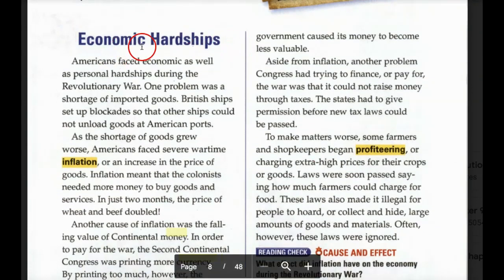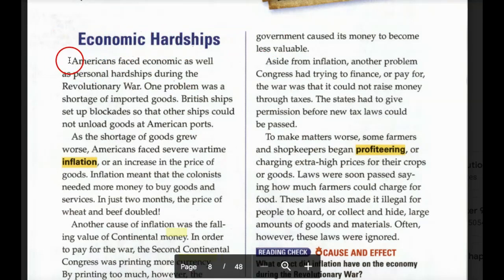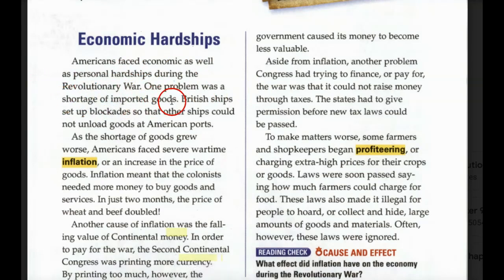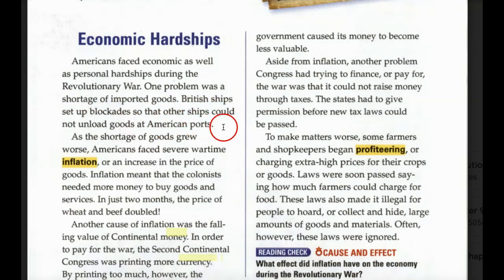Economic hardships. Americans faced economic as well as personal hardships during the Revolutionary War. One problem was the shortage of imported goods. British ships set up blockades so that other ships could not unload goods at American ports.